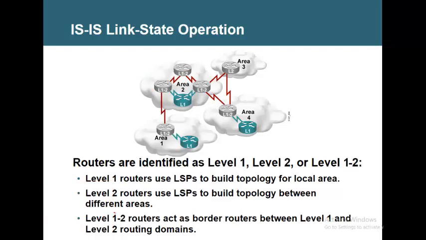Okay. Now, let's read this one. Routers are identified as L1, L2, or L1/L2. See, by default, ISIS is L1/L2. By default, when you configure ISIS, it is L1/L2, meaning it will run both processes.